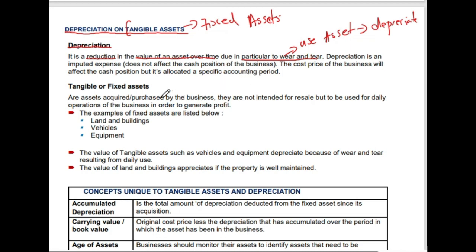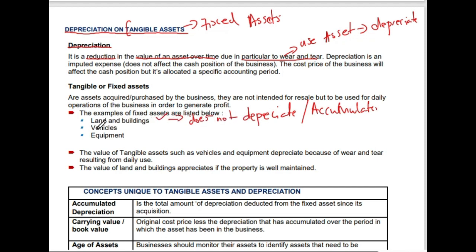So guys, what are those tangible assets we are speaking about? We are talking about land and buildings, but land and buildings do not depreciate, they accumulate. So our land and building does not depreciate, it only accumulates.